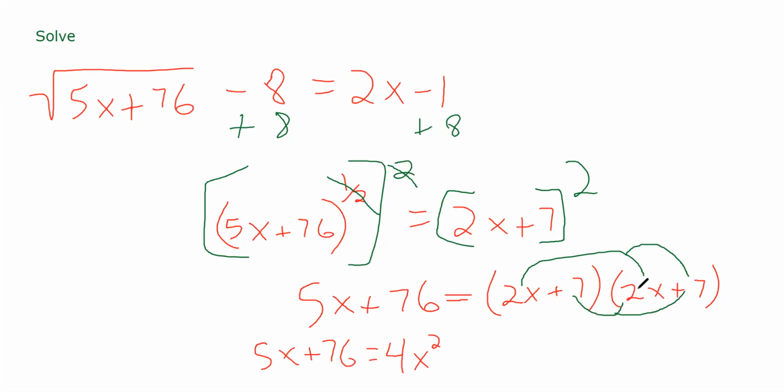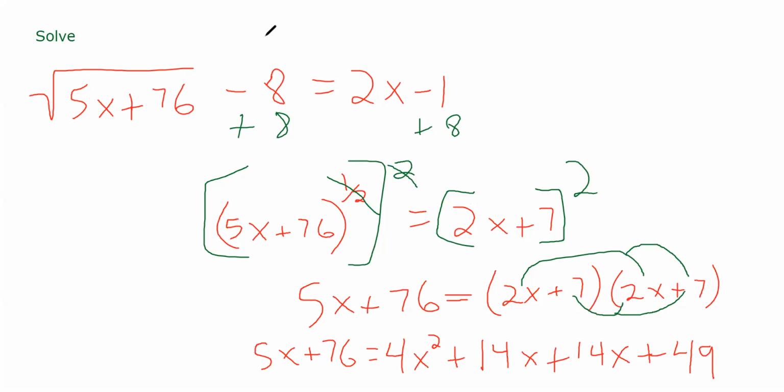Then completing the FOIL, 2x times 7. 7 times 2x in the middle. Finally, 7 times 7. It's going to look a bit like that.